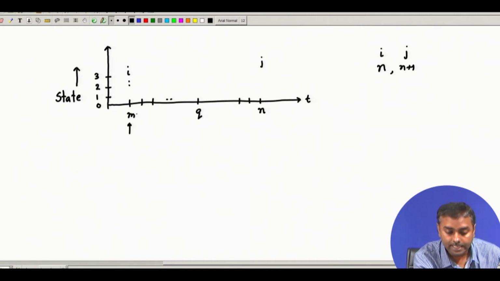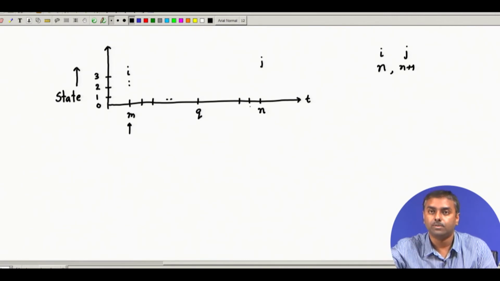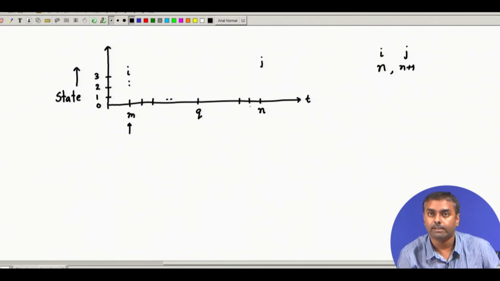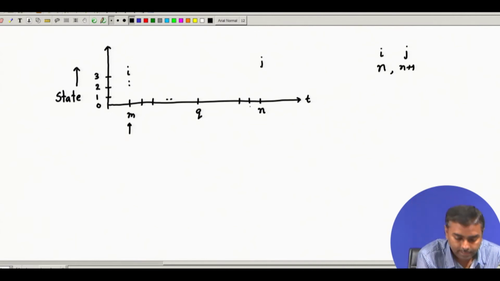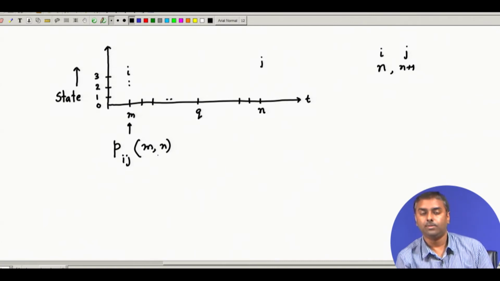So, that means it is actually accounting for any arbitrary stage transition. I can go to any time and then predict. Given that it is in some state, what is the probability that it will be in some other state? This can be characterized by these transition probability values.